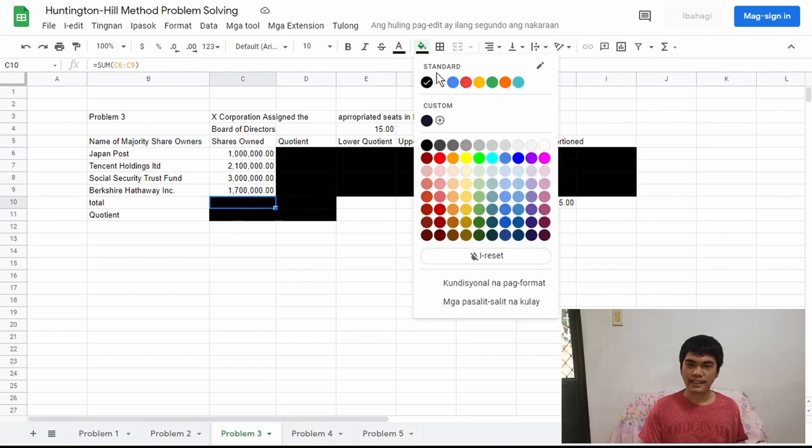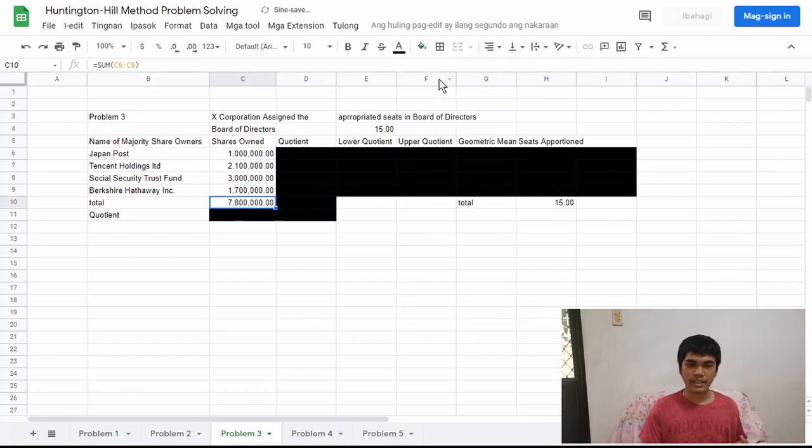So we will have that. Then if you total that, it will be 7,800,000. So you will divide the 15 appropriated seats into the total population, which is 7,800,000.